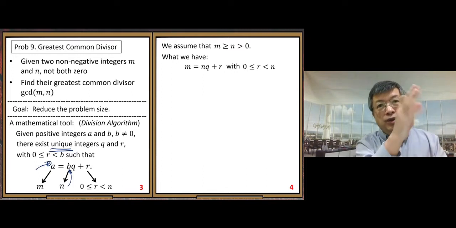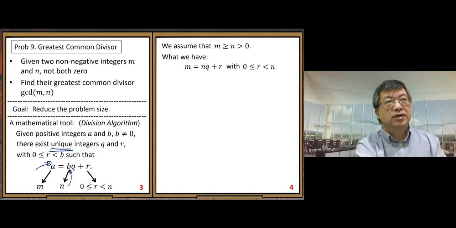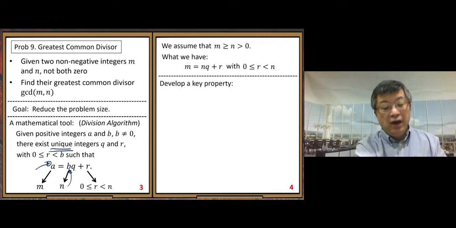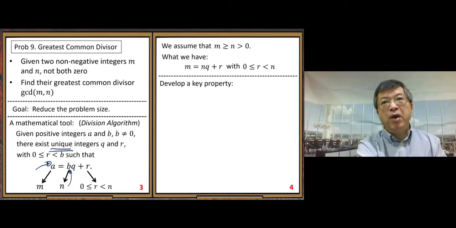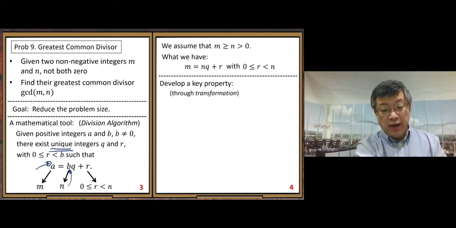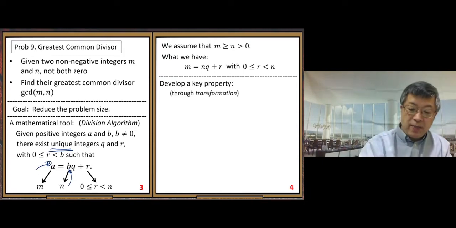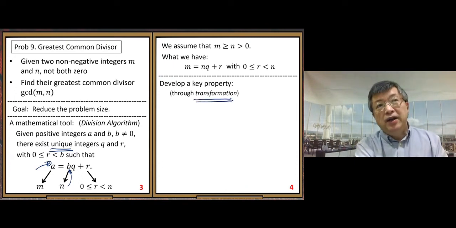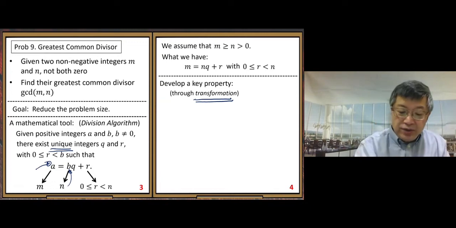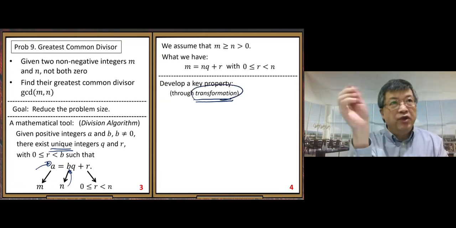Next, we need to do problem reduction. So how to do problem reduction? We need to develop a key property to get that problem reduction. What kind of key property? Transformation. So you can see in the important stage, we need to do formula transformation.